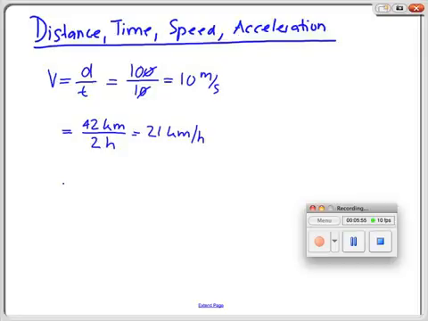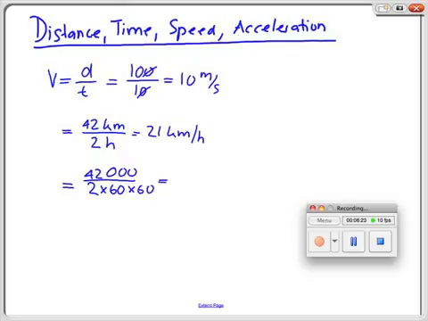So in that case, I need to convert the 42 kilometers into meters. Now 42 kilometers, kilo stands for 1000, makes 42,000 meters. And the 2 hours make 60 minutes per hour and 60 seconds per minute. So I have 2 hours times 60 minutes times 60 seconds.